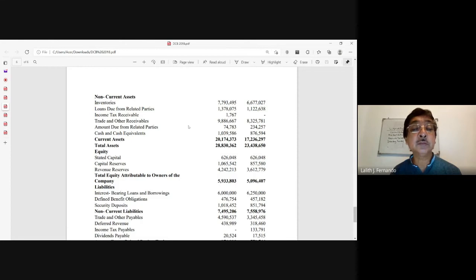Receivables you can take. Not inventories. So you can do the calculation of the acid test ratio by looking at this, not only the current ratio.